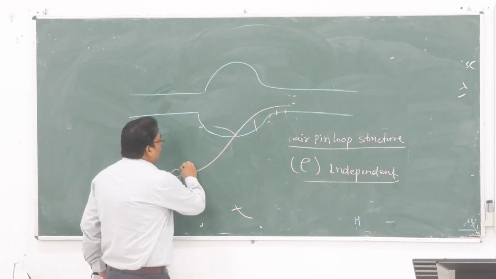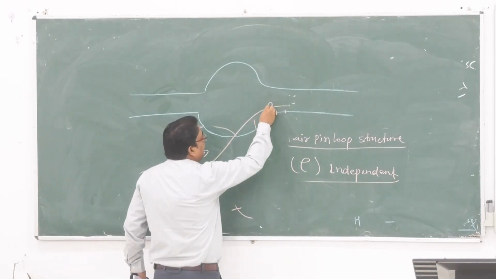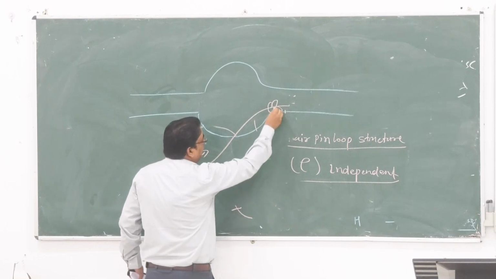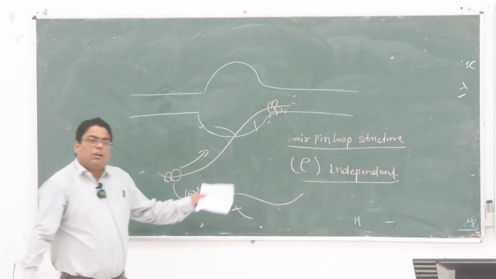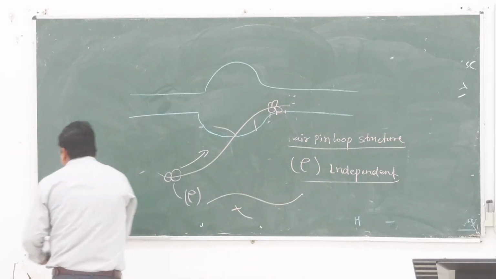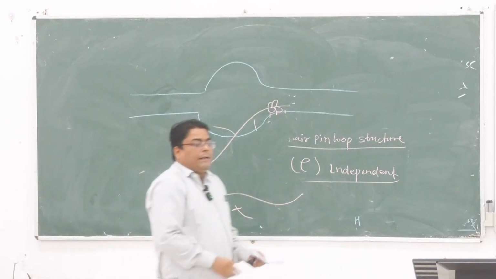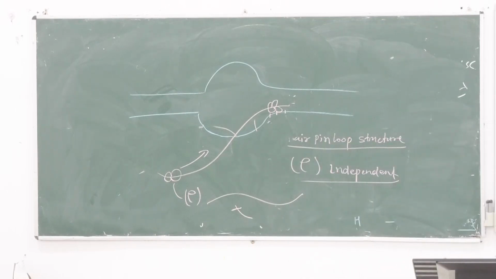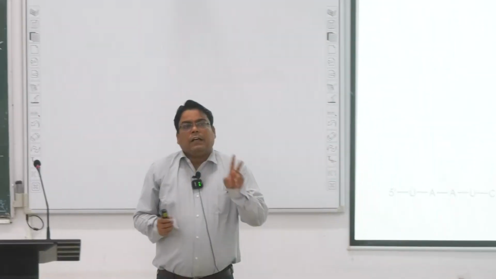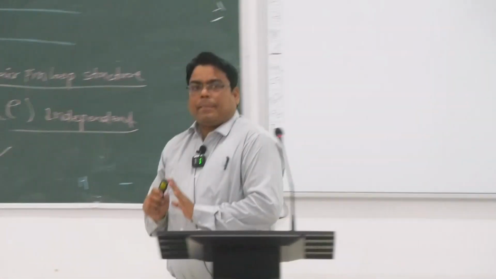It moves along the sequence, and here it terminates these templates. So here the RNA is separated out. It is called rho dependent termination. Okay? So there are two kinds of termination in prokaryotes, rho dependent and rho independent.